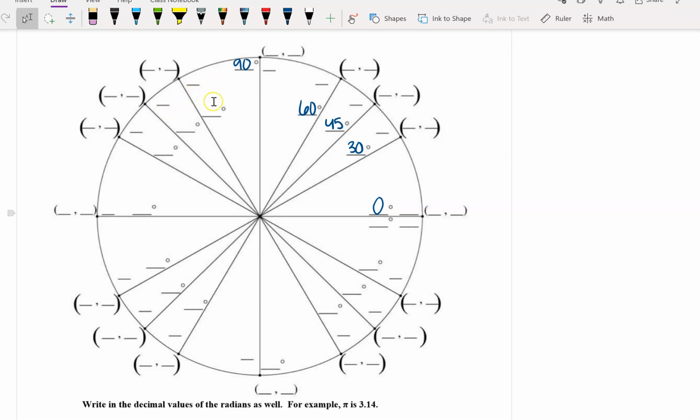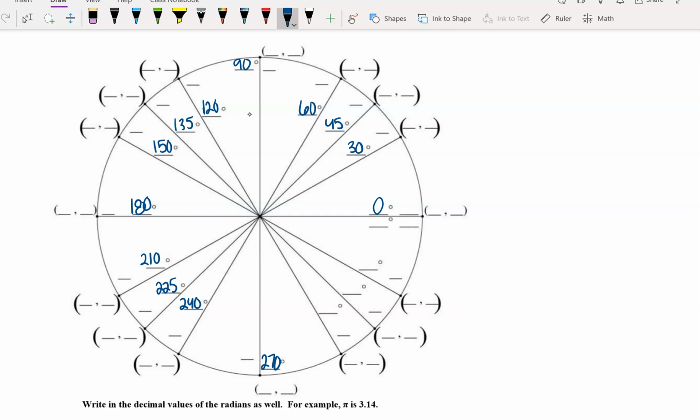So this is going to be 90 plus 30 is 120, plus 15 gives us 135, plus 15 gives us 150, plus 30, bigger gap here, gives us 180. Keep going around. Plus 30 is 210, plus 15 is 225, plus another 15 is 240, plus another 30 is 270 degrees.